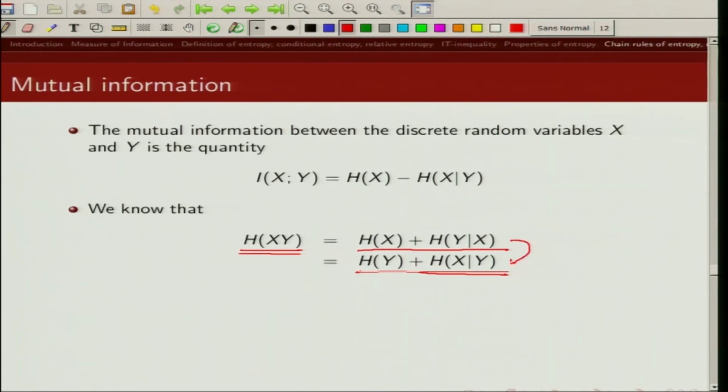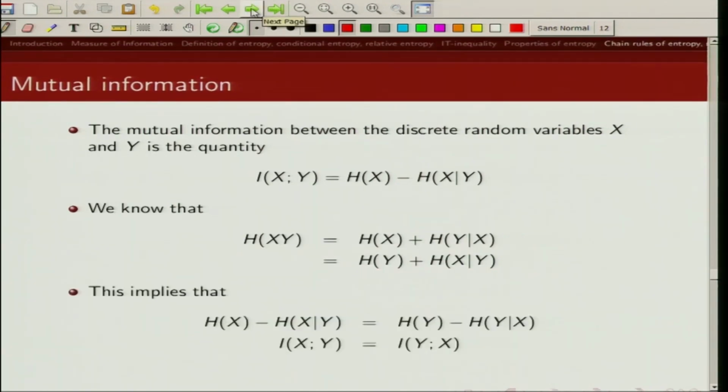So if I compare these two equations, what I get is as follows: H of x minus H of x given y is the same as H of y minus H of y given x. And what is this? This is nothing but mutual information between x and y, and this term is mutual information between y and x. So you can see whatever information y is giving about x, the same information is conveyed by x about y. So this is our mutual information.